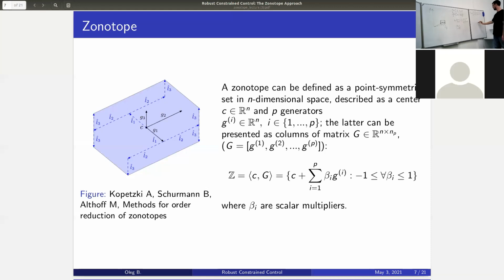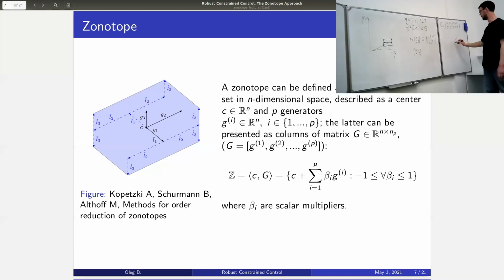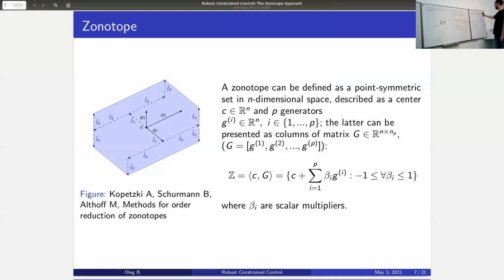We can build it. Take first this vector, 0.5, 0.5, combinations described like this. Next vector, minus 0.5 and 0.5. All combinations of these two vectors are described like this.